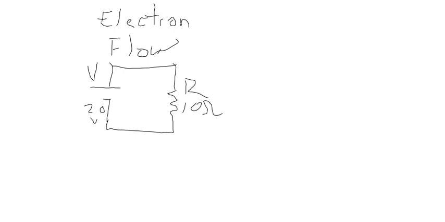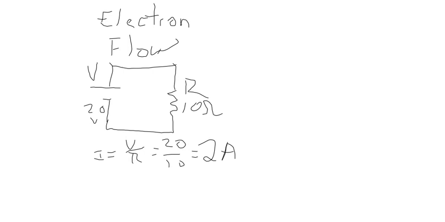Now, without even drawing the current, we know that I is V over R. In this case, that's 20 over 10, which will be 2 amps.